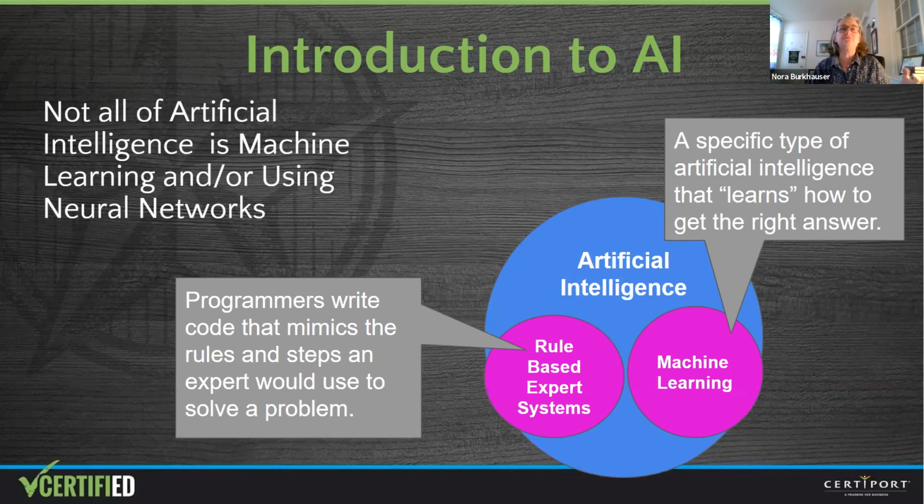Just a regular program that goes through a bunch of loops and has a bunch of if and else statements is a rules-based program. And some of those can be considered AI. So for example, navigation systems, finding the shortest route between 2 points is a classic search problem, and you don't necessarily need machine learning to do that.